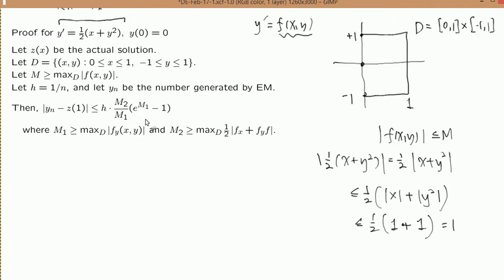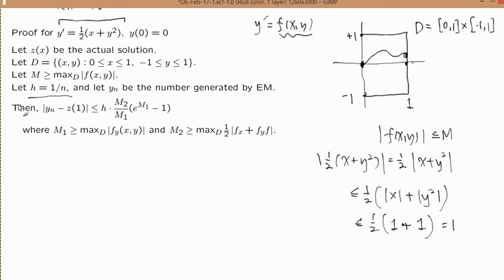The purpose of this box is to get some control on this slope, or rate of change. And h is the step size: we're starting from here and arriving there at x equals 1. Maybe this is the actual solution, and we're going to use Euler's method to see how different they are. So we're going from 0 to 1, and I'm dividing everything into n pieces.